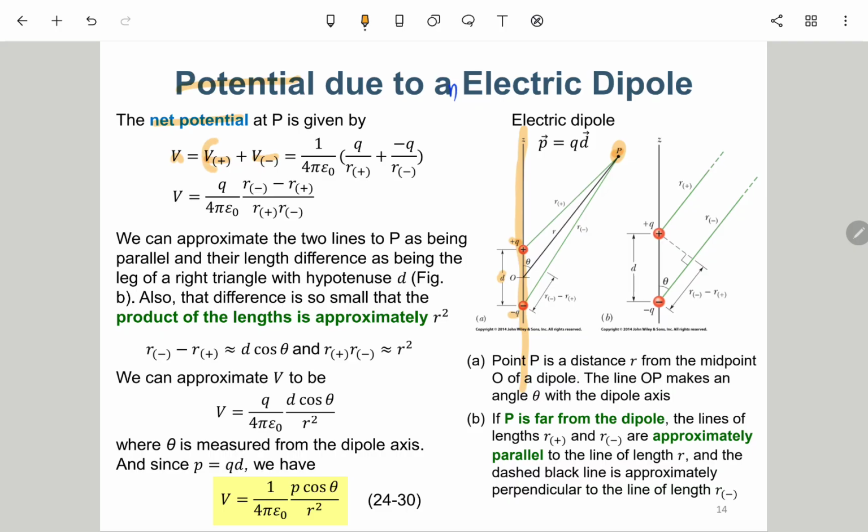We add the potential generated by the positive charge and the potential generated by the negative charge. So that will be k times q and negative q, over r plus and r minus. From the figure, this is r plus for the positive charge, and this is r minus for the negative charge.